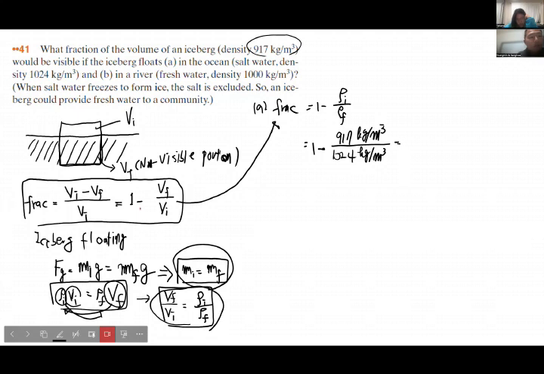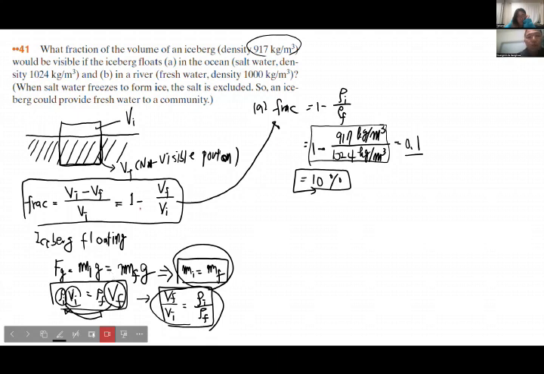So that is about 0.1, which is 10%. So you have probably 10% floating over the surface of this water if this iceberg is submerged in the salty water in the ocean.